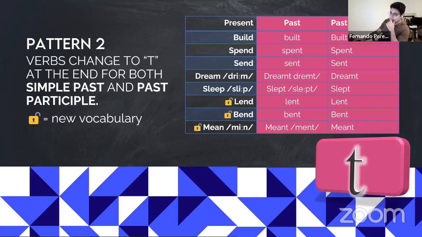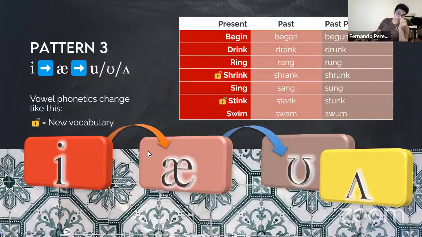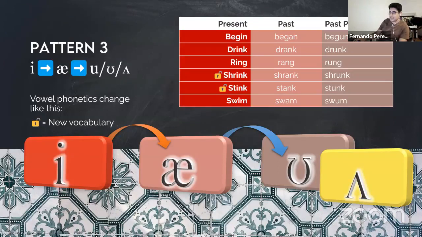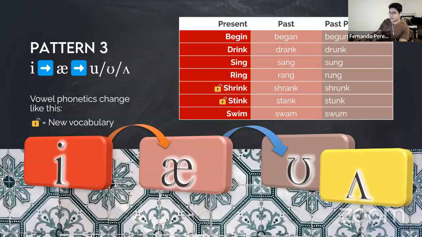So then, let's pass to the next. Pattern number 3. Again, let me change the position of these words to get the easy words first, and then the difficult words, no? So let me collocate sing and swim.